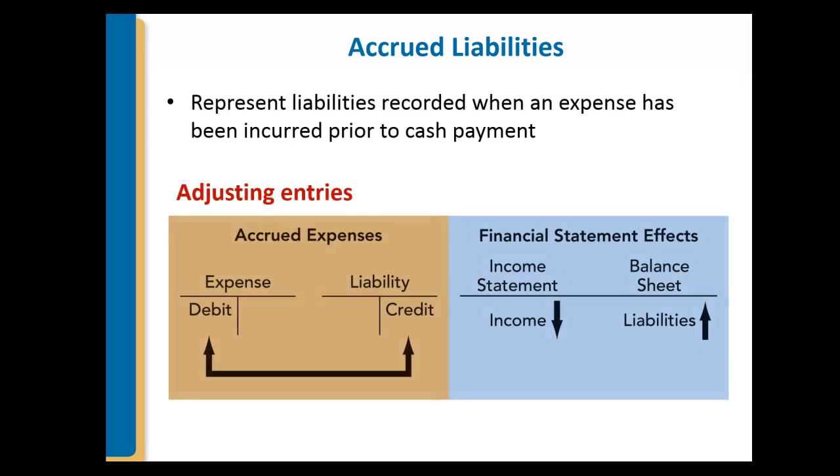Accrued liabilities represent liabilities recorded when an expense has been incurred prior to being paid. The adjusting entry recorded for an accrued liability is a debit to an expense and a credit to a liability.